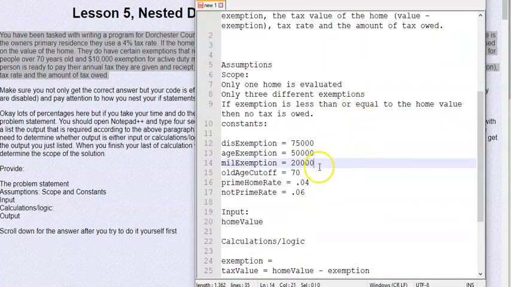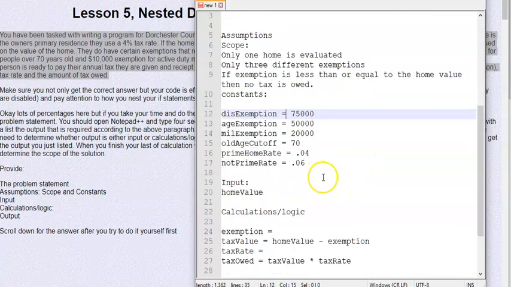What we have to do is decide which decision to make in order to make this most efficient. And we want to make sure that a person gets the highest exemption that they're eligible for. So that means that we should be looking for disability first rather than looking for any other. So the disability exemption is the first one we're going to do.